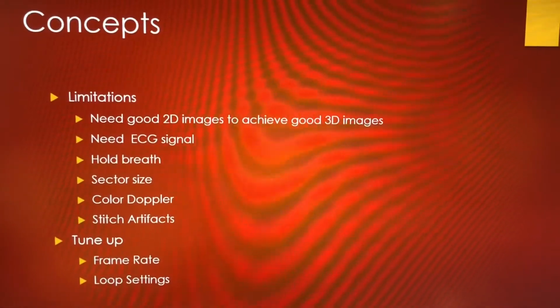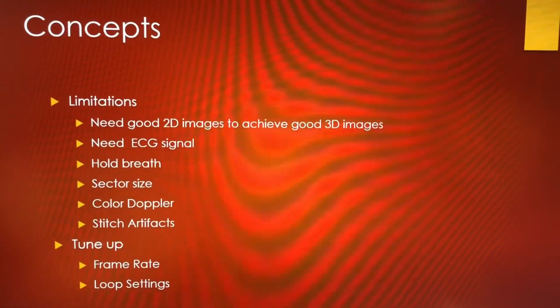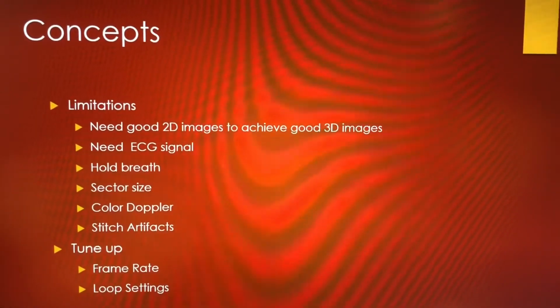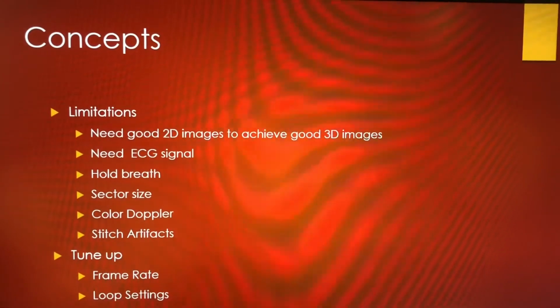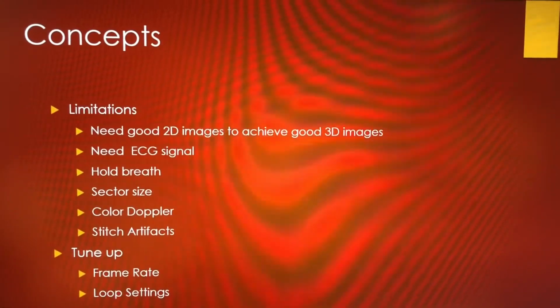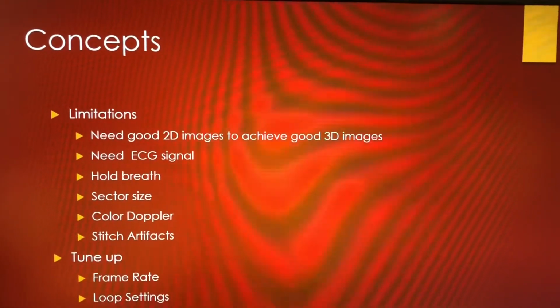So if your 2D images are suffering, and if you're trying to look for a ventricular volume three-dimensionally and you have to use contrast, currently our software doesn't allow us to do something like that. So, without the good 2D images, you won't be able to get the good 3D images.